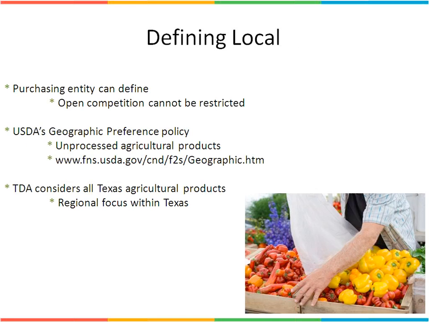So you can define local as someone located in your county, or as producers located within a particular mile radius of your school, or you could even define Texas product as local. And I put a link on this slide for the USDA policy on geographic preference that talks about local. That's definitely something good to reference or have handy if and when you start procuring local product.